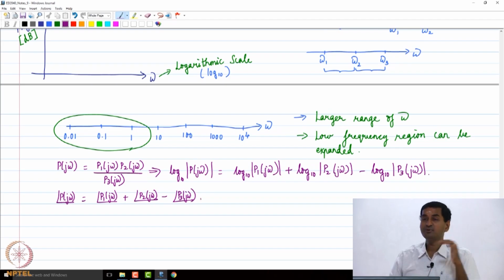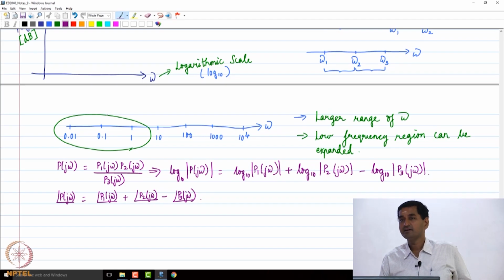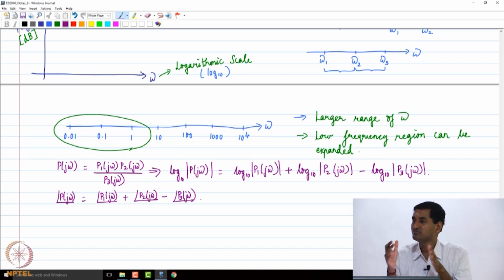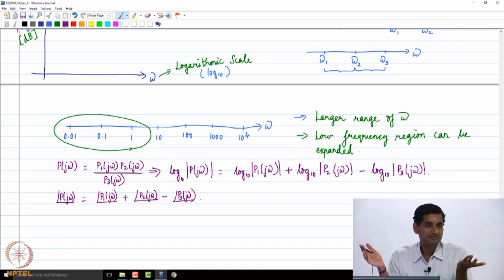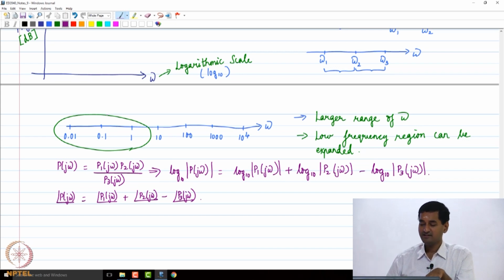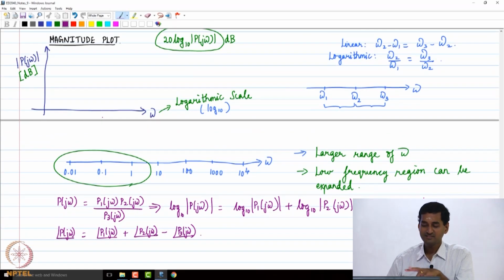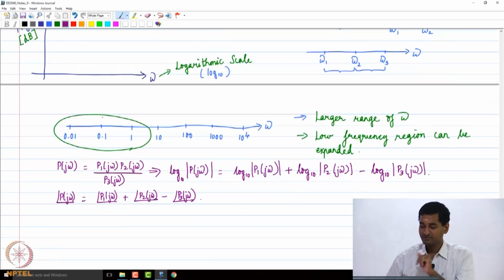So essentially, if you can break down a given transfer function into simpler building blocks, which we are going to look at, then we just plot the Bode diagrams of the individual blocks and then take the algebraic sum, that is it. So then we are done, right. So that is a very good advantage of using a logarithmic scale, even for the magnitude.